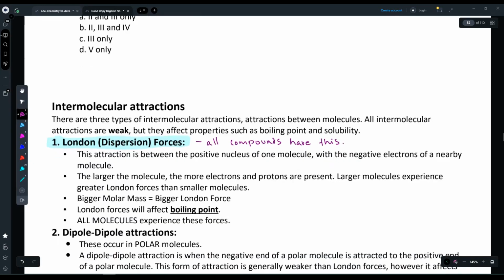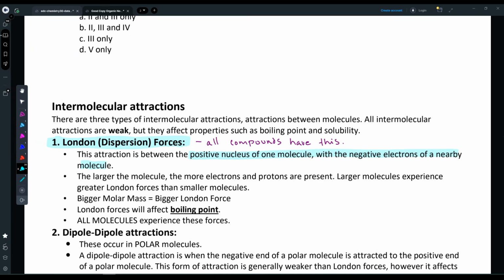Now, the reason why all compounds have this is because London forces come from the attraction between a positive nucleus of one molecule and the negative electrons of a nearby molecule. Essentially, the larger the molecule you have, the more electrons and protons are going to be present.